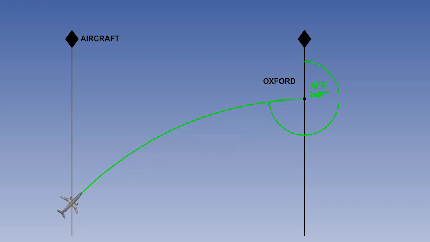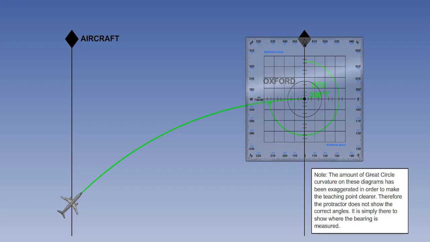If this is a QTE, the ground station measures an incoming radio wave from 240 degrees true and passes this information back to the aircraft. The crew have to plot from the ground station on the chart. They can't plot from the aircraft. They don't know where it is. That's why they're plotting a bearing. But if they put their protractor on the ground station and plot a straight line along a bearing of 240, it comes out here, north of the true position.